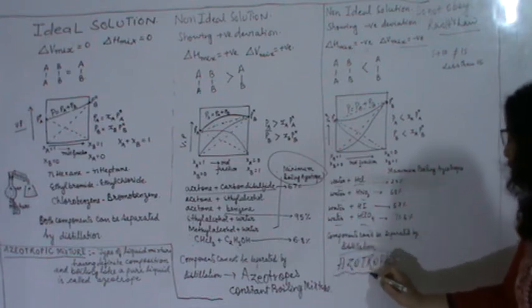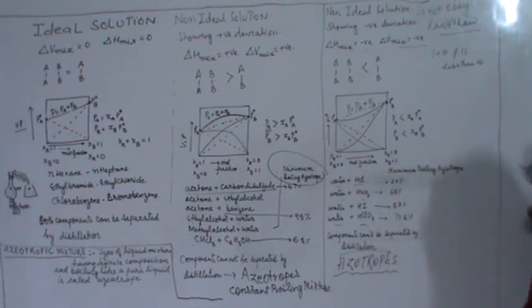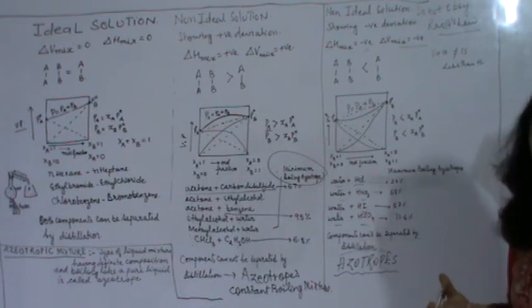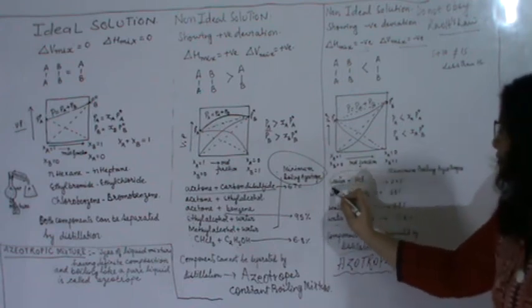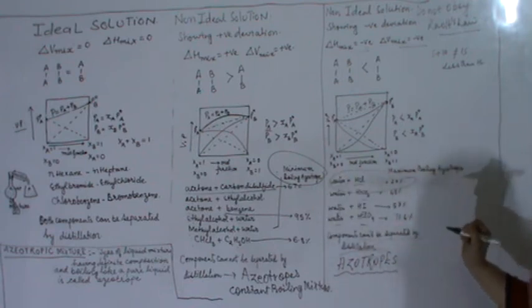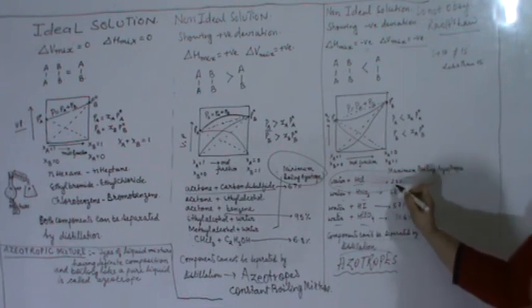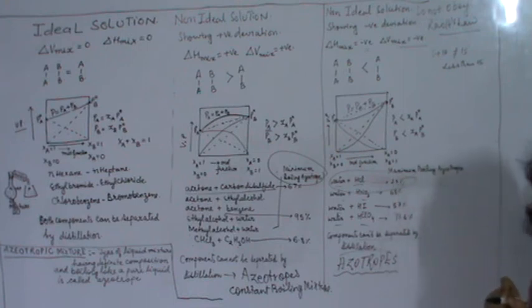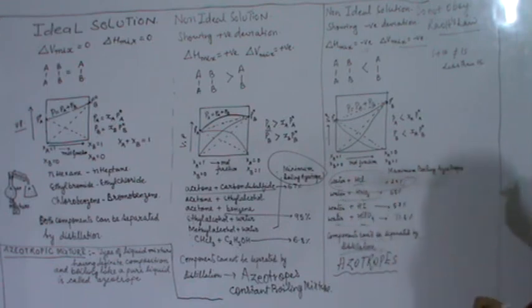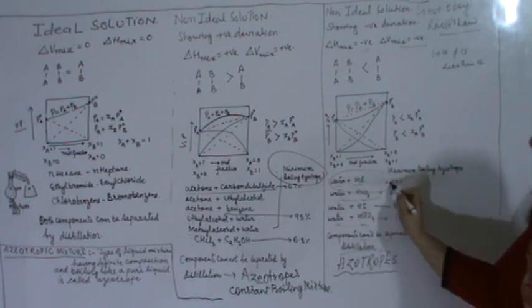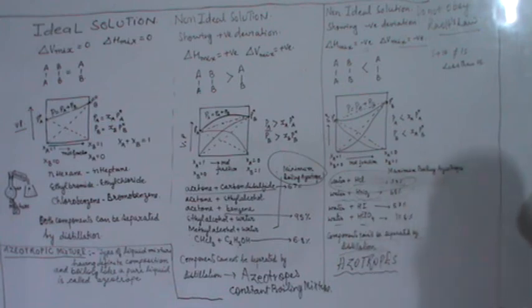Azeotropes are constant boiling mixtures, the mixture which boils at a constant composition. For example, water and HCl make an azeotrope at a composition when HCl is 20%. Water and nitric acid form an azeotrope when nitric acid is 68%.